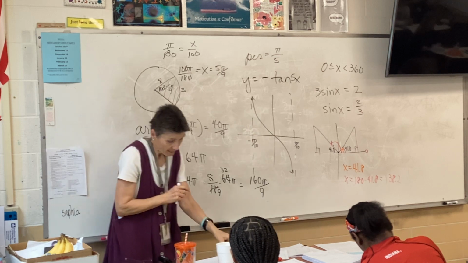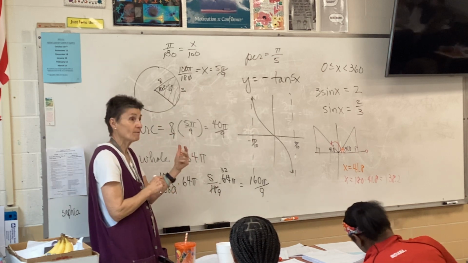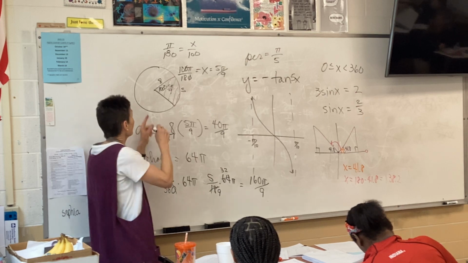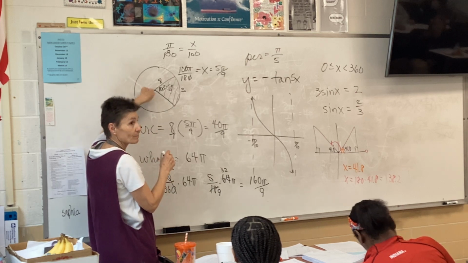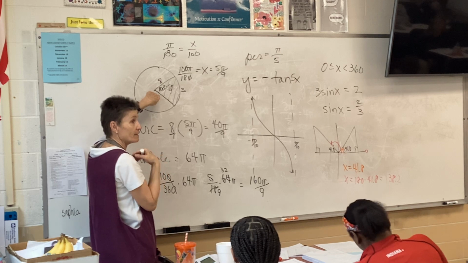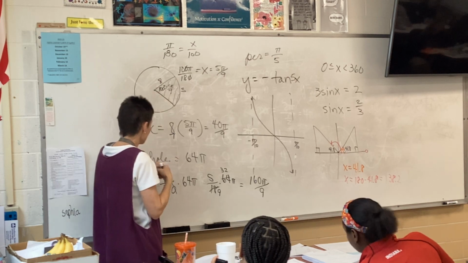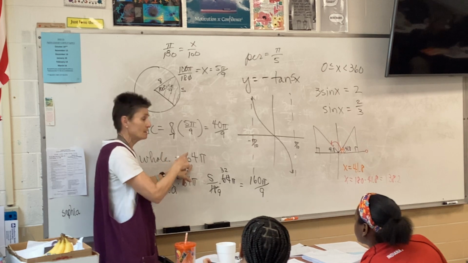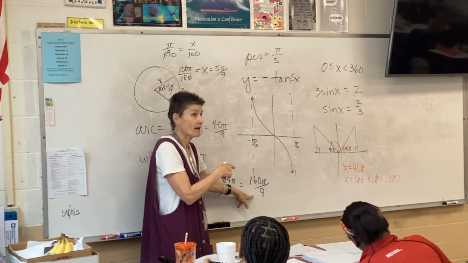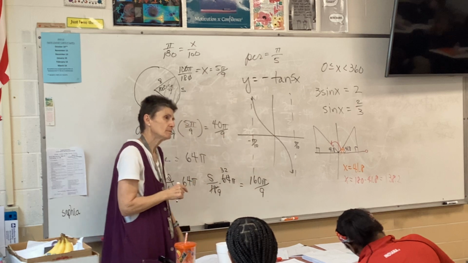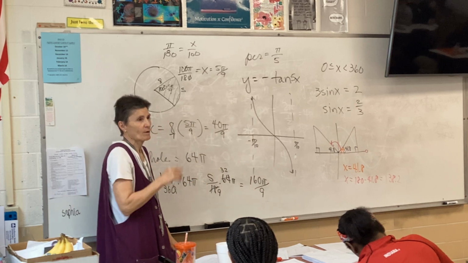Okay? And then it says find the area of the larger sector. So that's this out here. For me, the easiest thing will be to take the total area and subtract the one I just found. That would be one strategy.